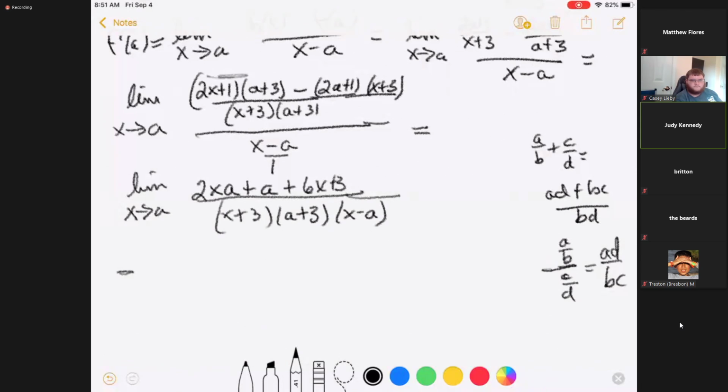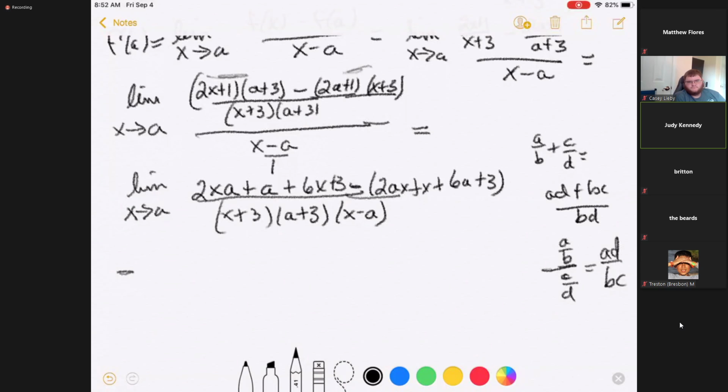So that gets this multiplied out. And then minus 2ax plus x plus 6a plus 3. That's multiplying this out. Okay, let me check. 2ax plus x plus 6a plus 3.